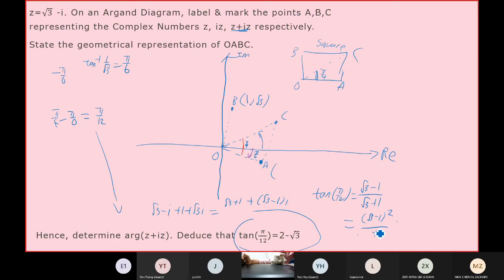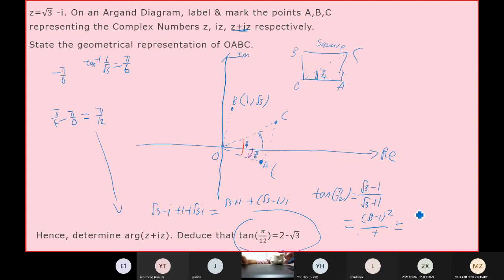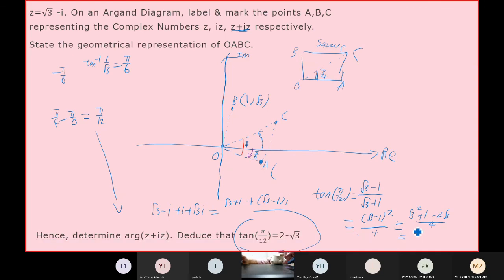Should be correct. Wait, hold on, I think I might just be glitching. Root 3 squared plus 1 minus 2 root 3 over 4. Oh, I think I might have left out the over 2 or something like that. Whatever it is, apparently you get 1 minus half root 3.